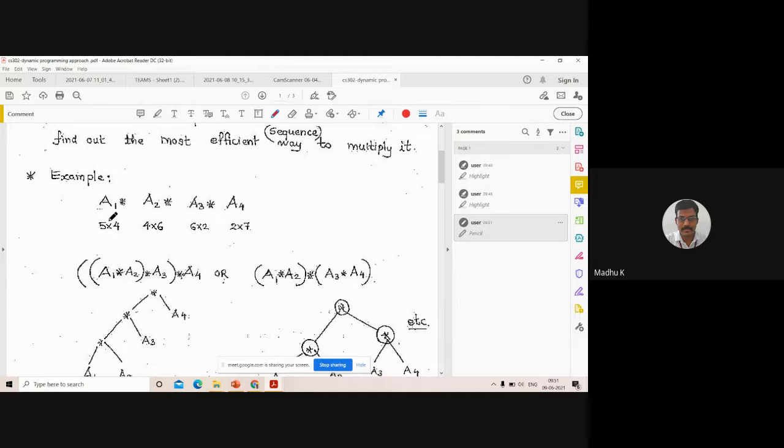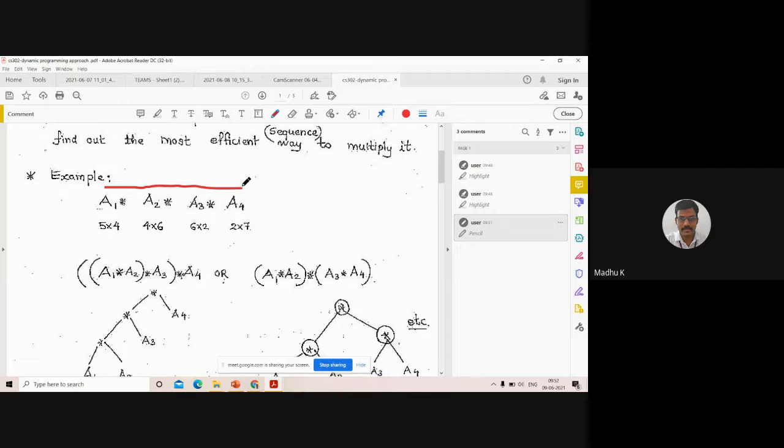You can note the orders also: 5 by 4, 4 by 6, 6 by 2, and 2 by 7. So we want to multiply all these matrices. That is not a problem.